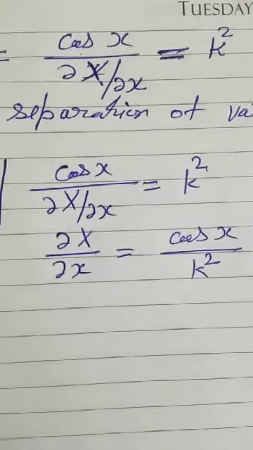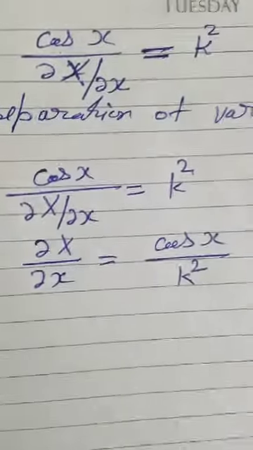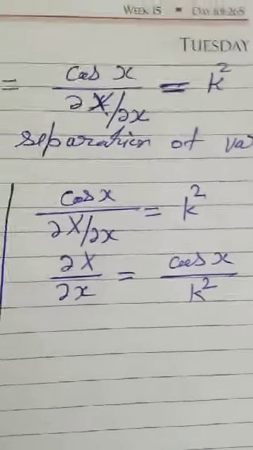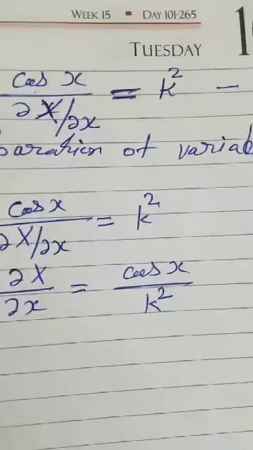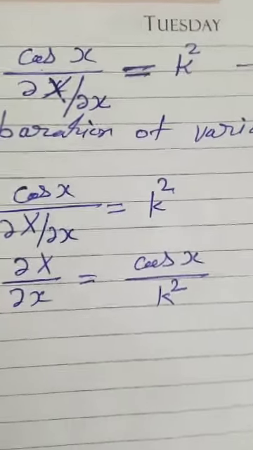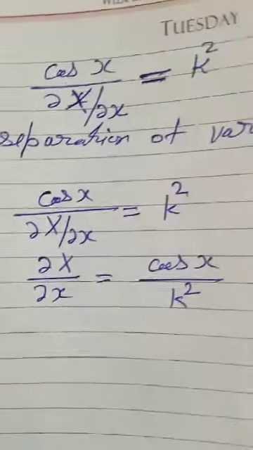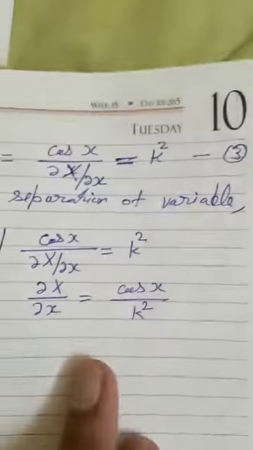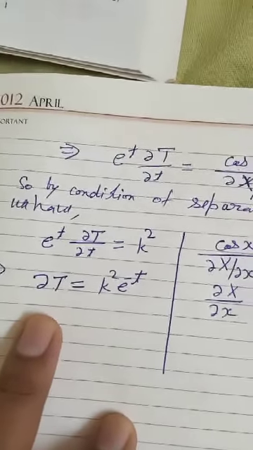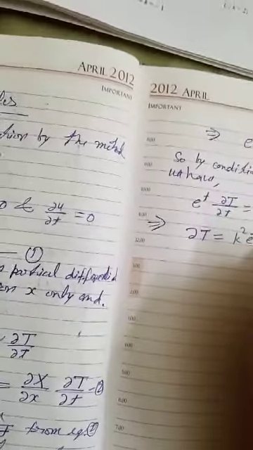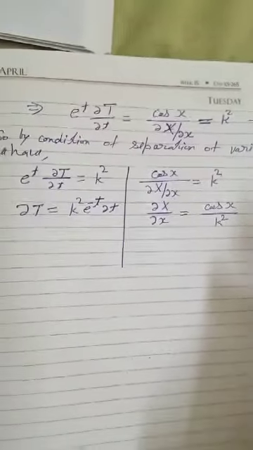Similarly, in this case, del capital X over del x is equal to cos of x upon k square. This again behaves like ordinary differential equation because this equation also consists of only one independent variable. So both the equations behave like ordinary differential equation, and the process of the solution will be same as ordinary differential equation.